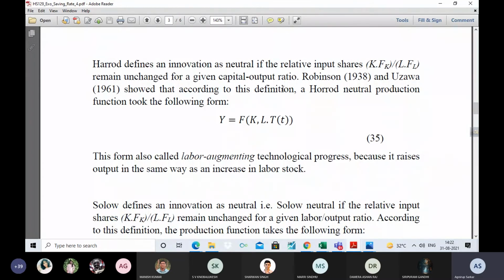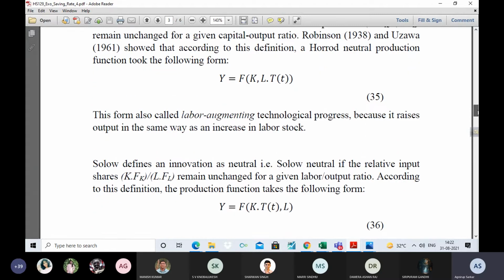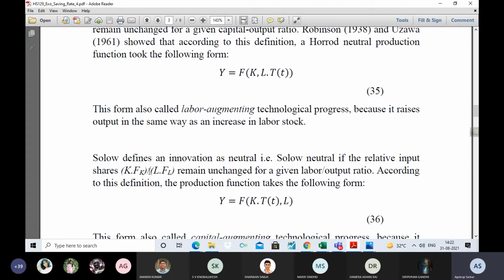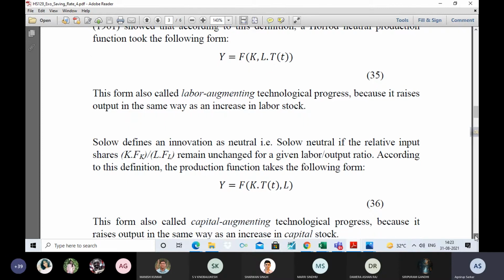Here, for Harrod neutral, it's K F_K by L F_L. For Solow, it would actually be L F_L by K F_K if we are talking about a given labor output ratio. Otherwise, this would be true if we are talking about a given capital to output ratio, right? So just keep in mind, if you're referring to the lecture notes, this would be L F_L by K F_K instead of this. Okay, everything else would remain intact.